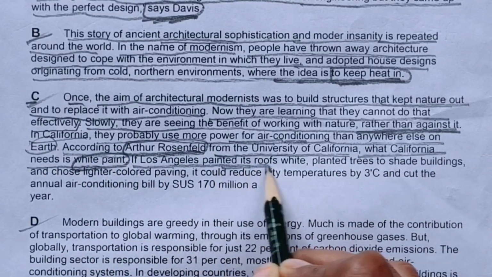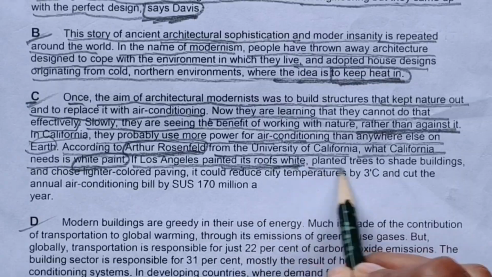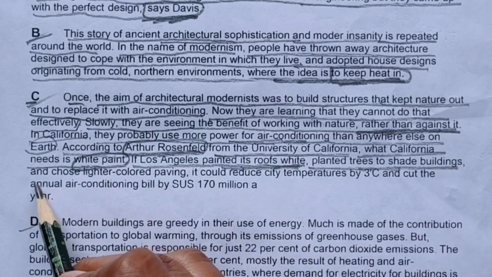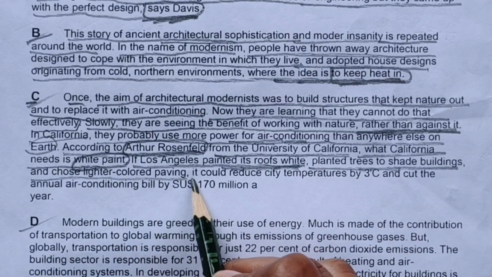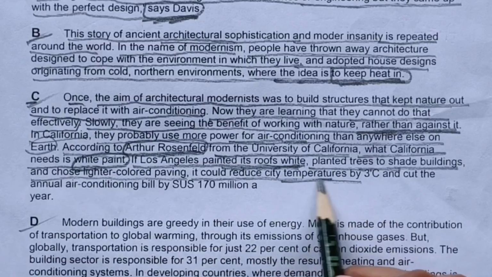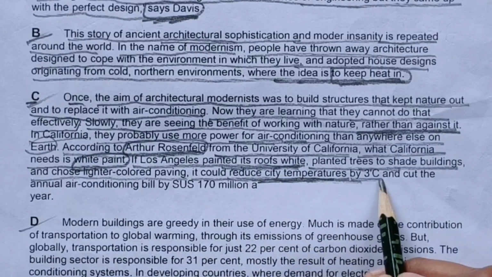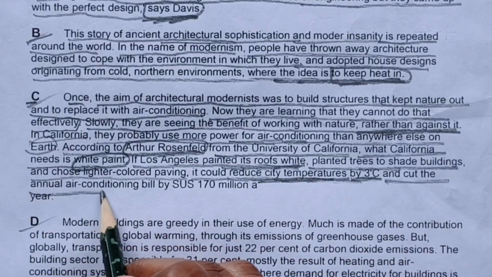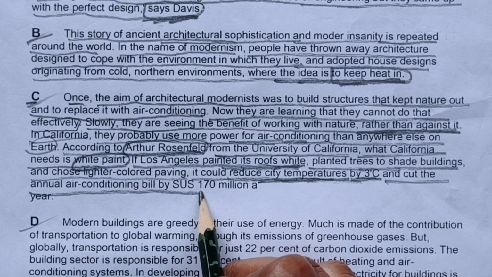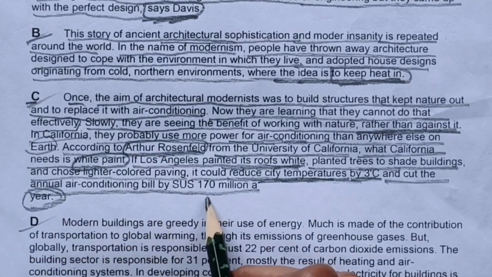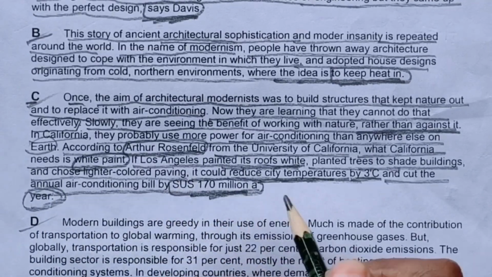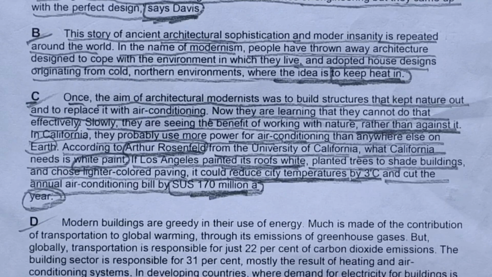If Los Angeles painted its roof white, planted trees to shade buildings and chose lighter colored paving, it would reduce city temperature by 3 degrees and cut the annual air conditioning bill by 170 million a year. So we are getting so many keywords here. Let's see whether we are getting our answer or not.